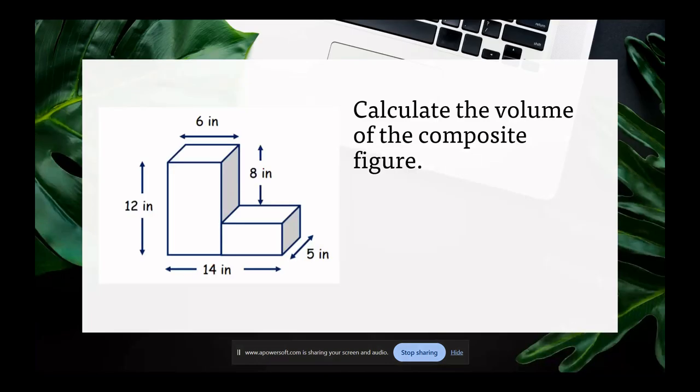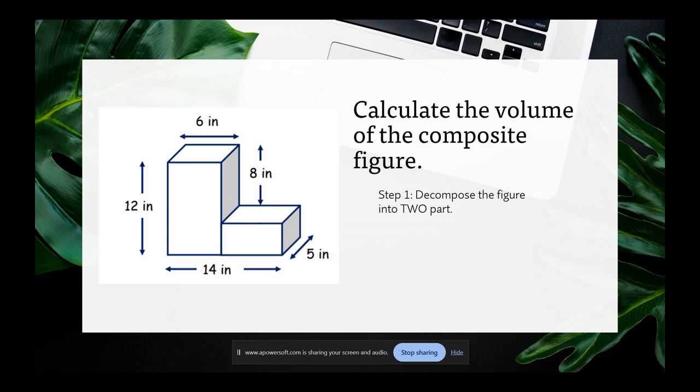All right, now this is the one where we all had a little bit of trouble, and that was calculating the volume of a composite figure. Now, in order for us to work with this, it's complicated when it's all together. So our best thing to do is step one, decompose the figure into two parts. Decompose, remember, means to break apart. So we can make it into simpler parts by seeing that there are two rectangular prisms here.